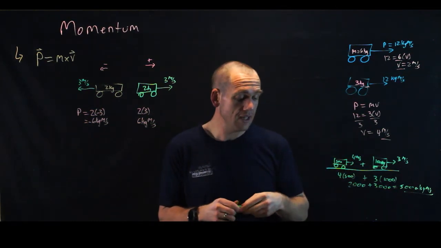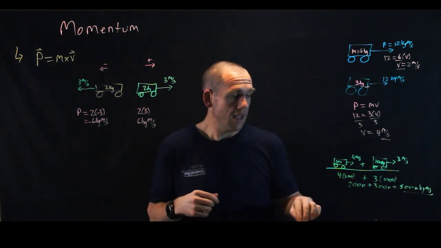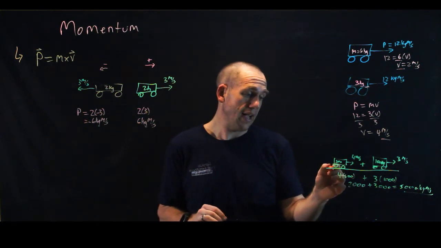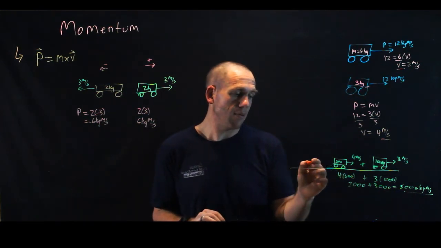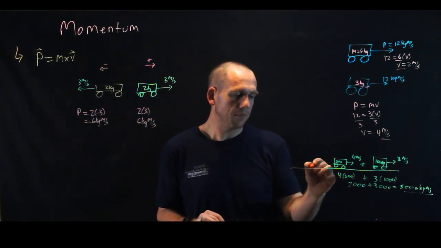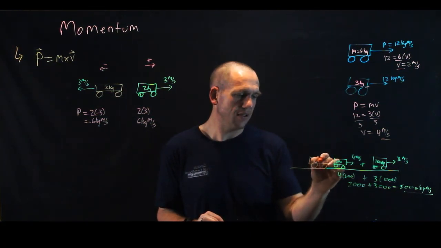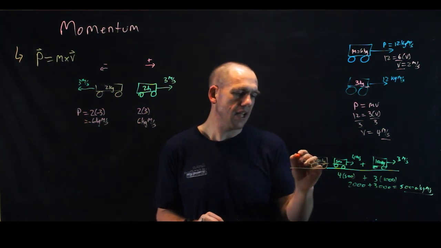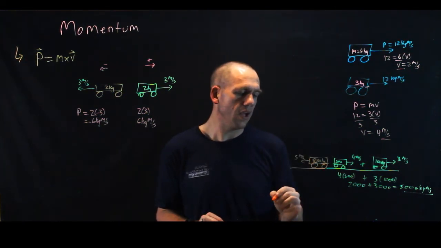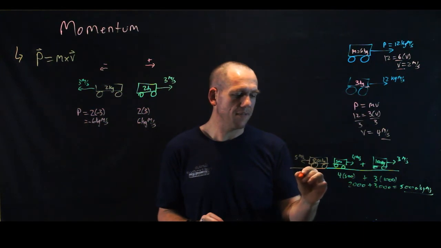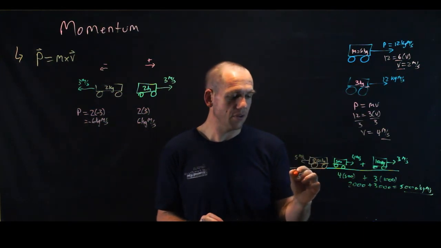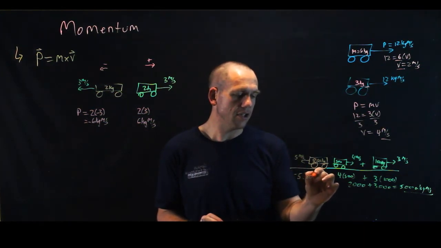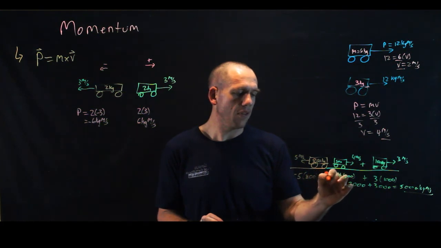And I was paying attention to direction, because if there was another, we could say, well, what if there's a third cart that's moving this way, and it looks like an 800 kilogram cart, and say it's moving at 5 meters per second. Well, then its momentum is negative 5, because it's the other direction, times 800, which is negative 4,000 kilogram meters per second.